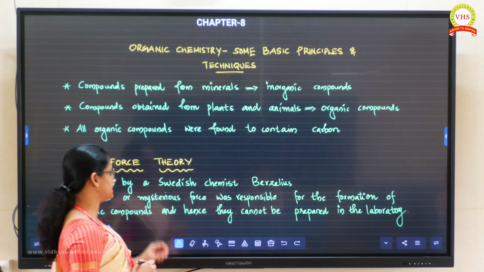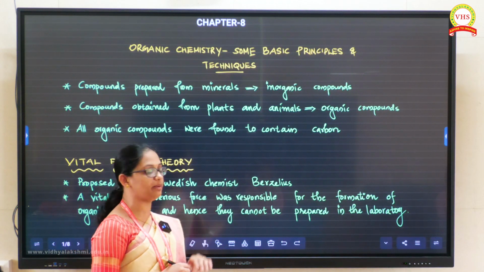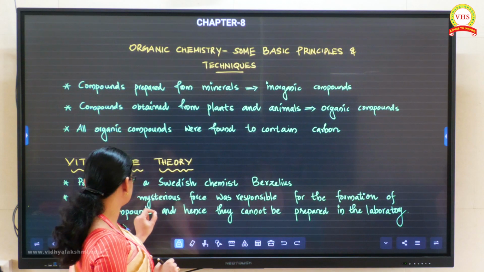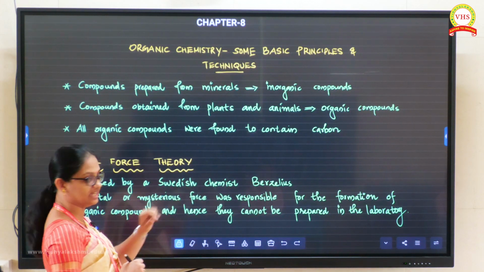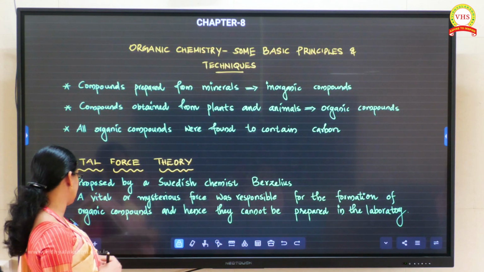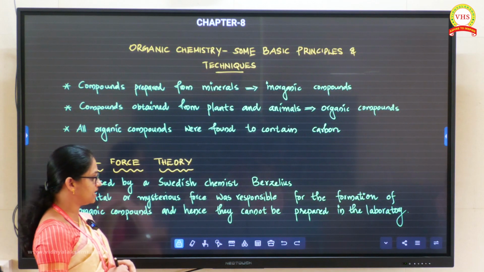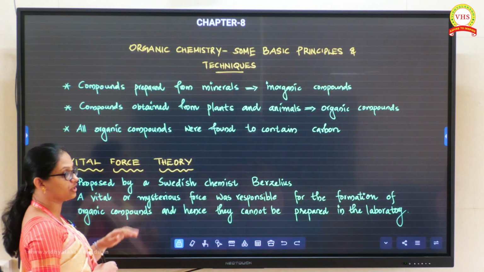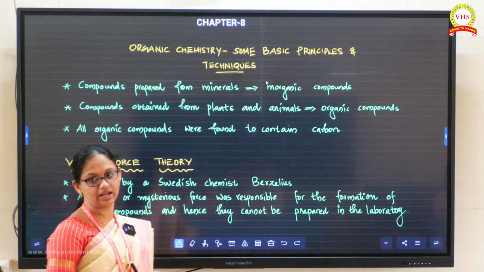This theory was proposed by a Swedish chemist, Berzelius. According to the vital force theory, a vital or mysterious force was responsible for the formation of organic compounds, and hence they cannot be prepared in the laboratory.